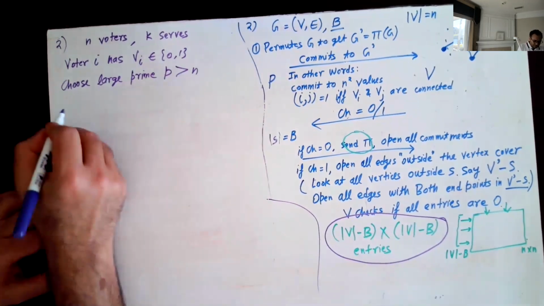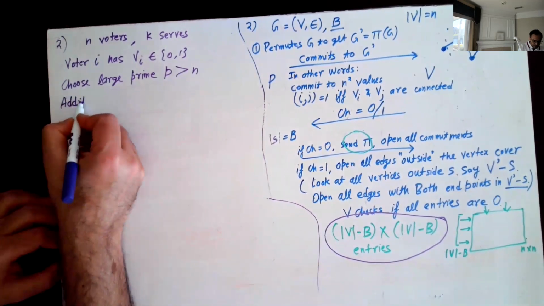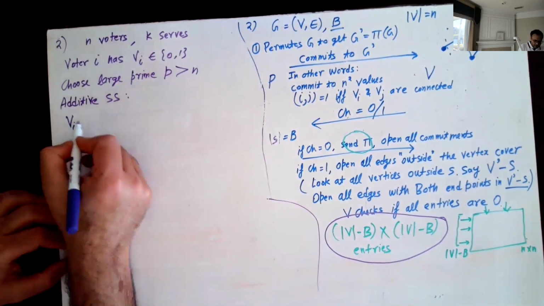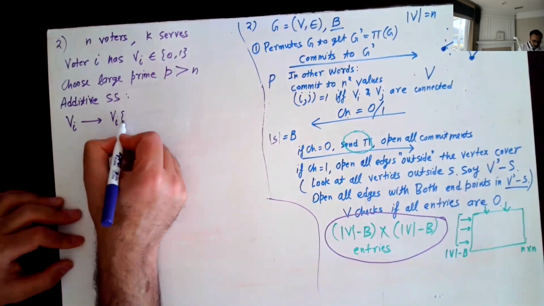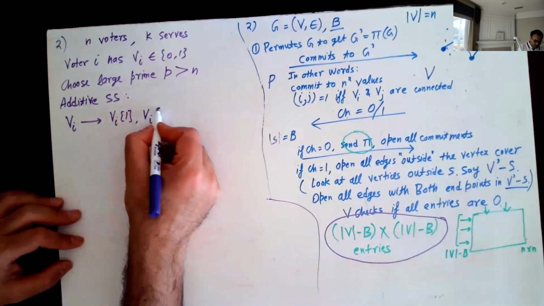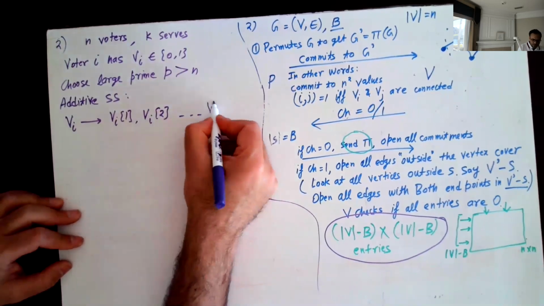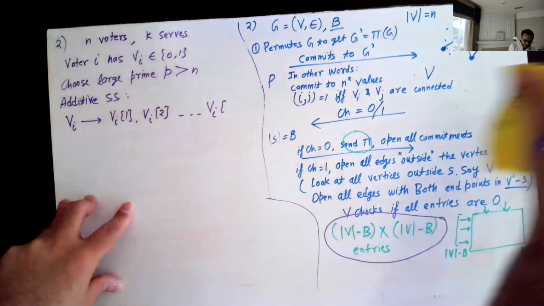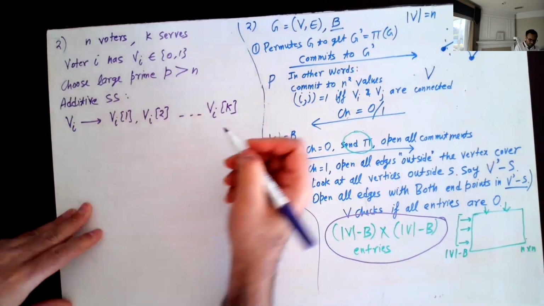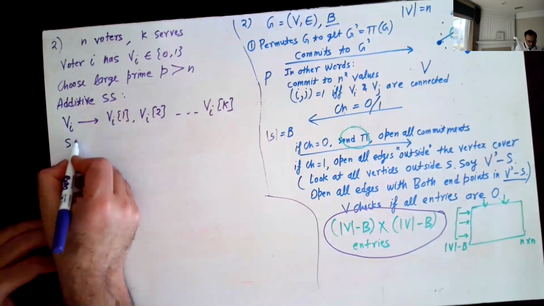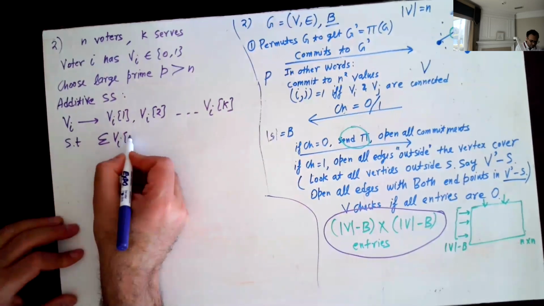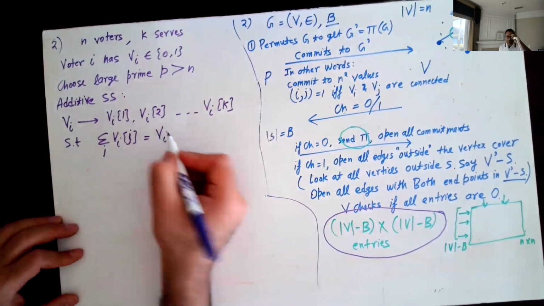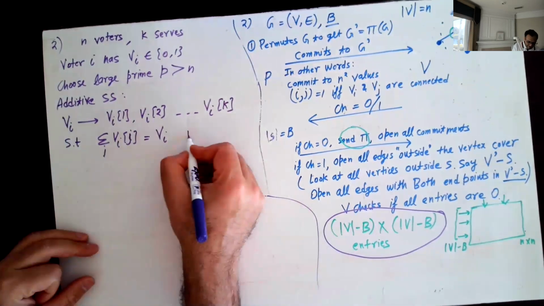Next, you use additive secret sharing. So you take the vote vi and you split it into vi1, vi2, up to vik, such that summation vij equals vi mod p.